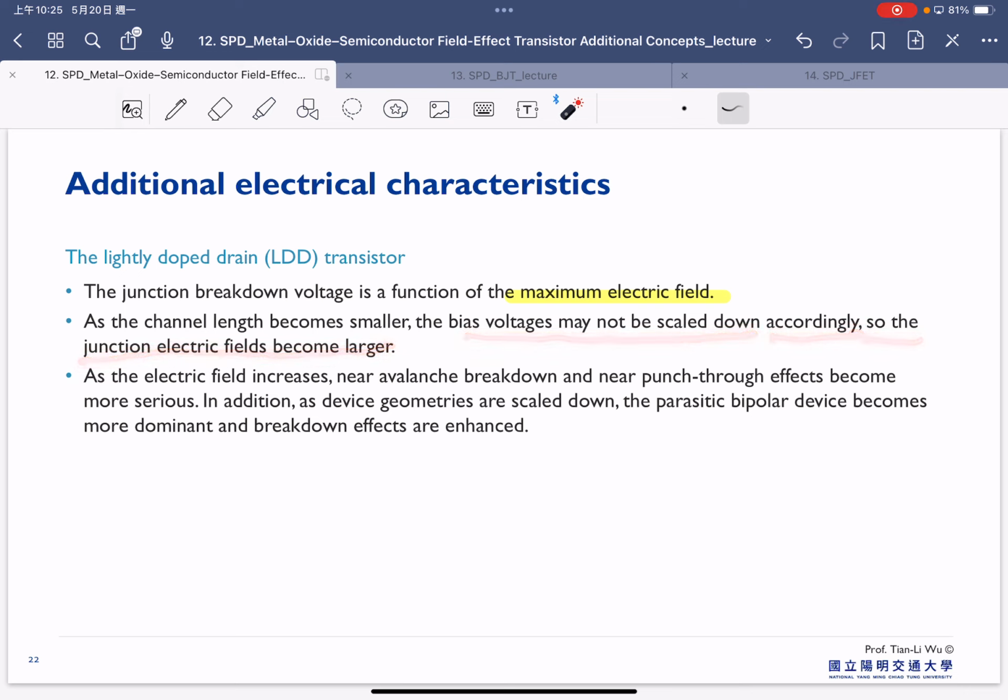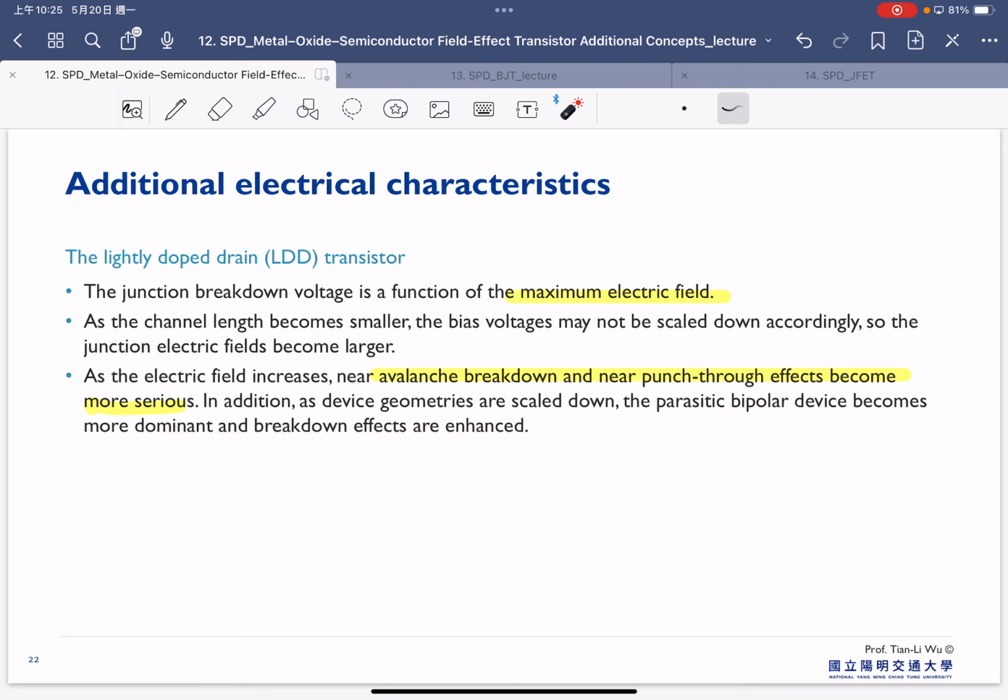And as the electric field increases, near avalanche breakdown and near punch through effects become more serious. So we will have a higher chance of avalanche breakdown and a higher chance of the punch through effect. Therefore, once the geometry is scaled down, the parasitic bipolar device becomes more dominant and breakdown effects are enhanced.